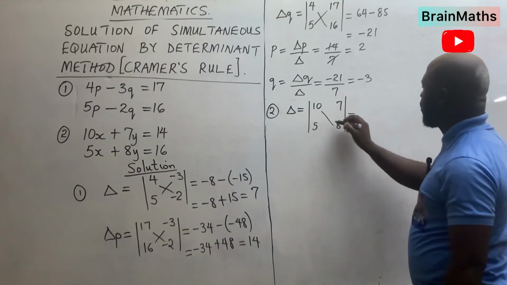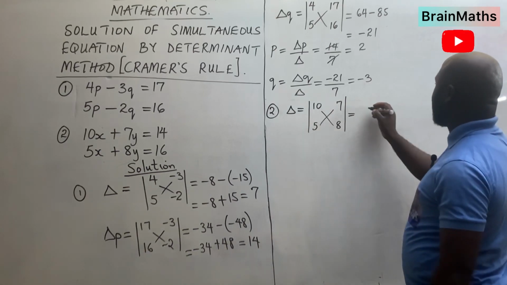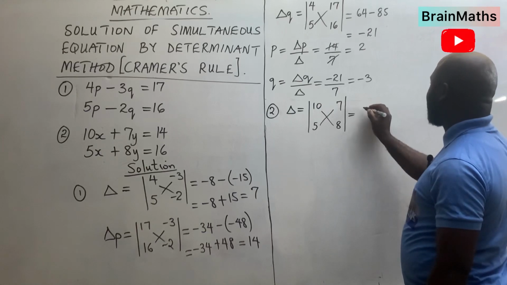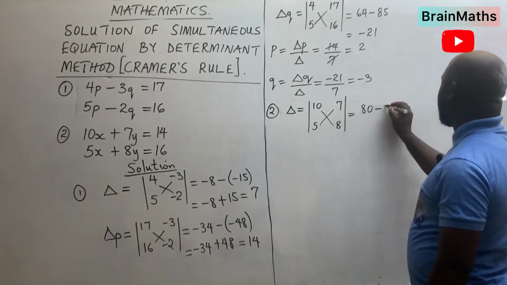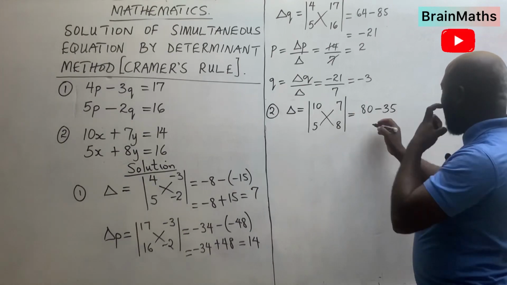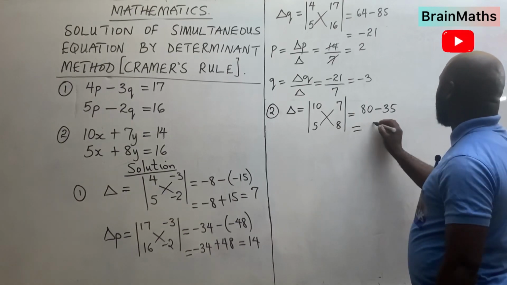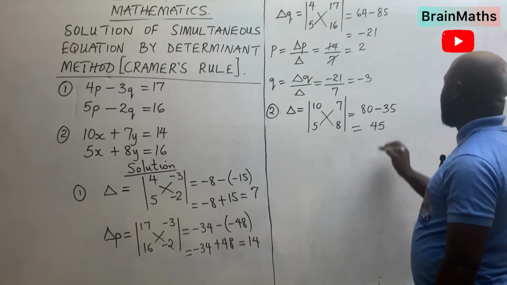So the determinant of this is going to give us 10 times 8, 80, minus 35. And our answer for that is going to be 45.